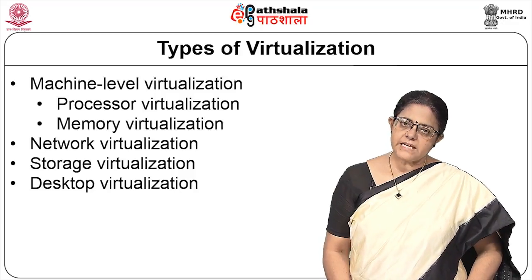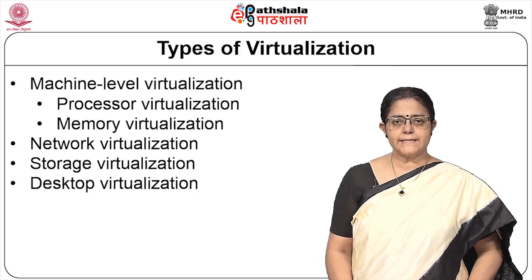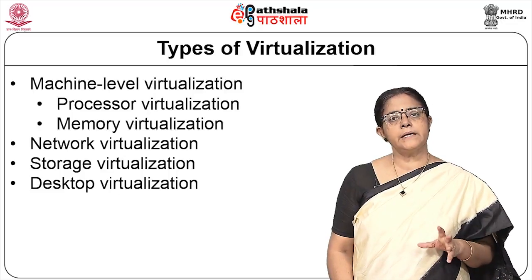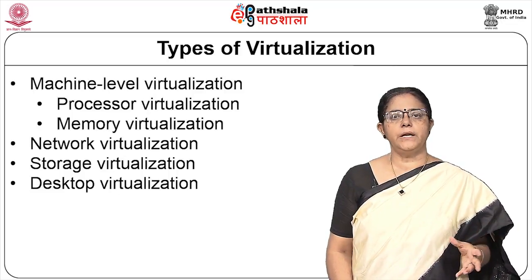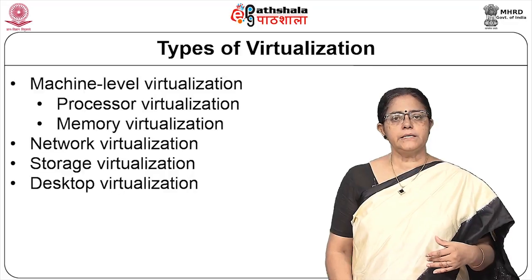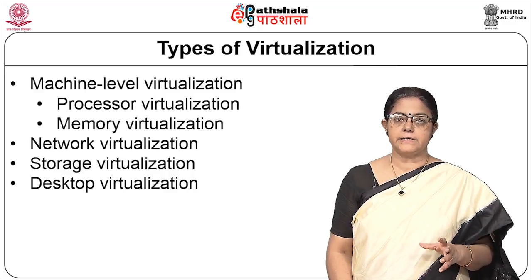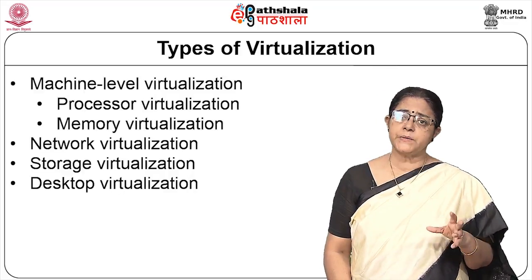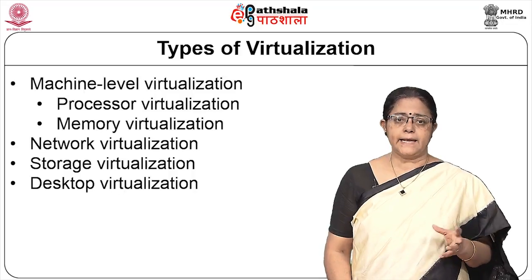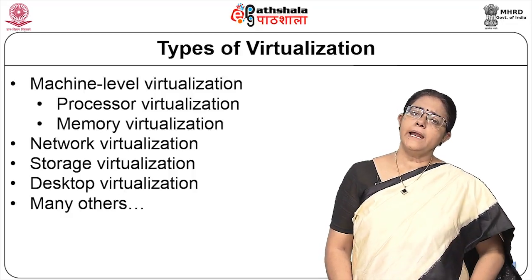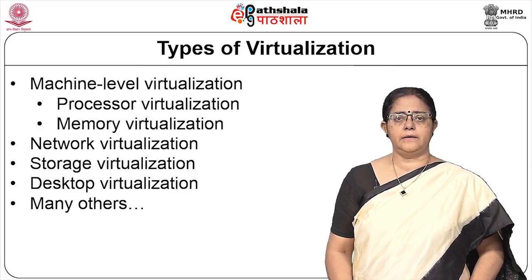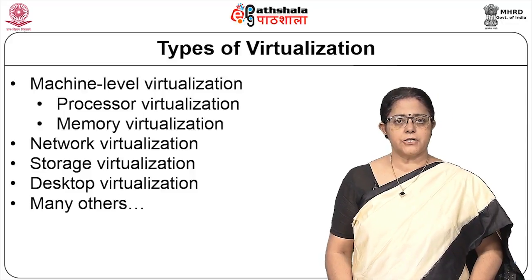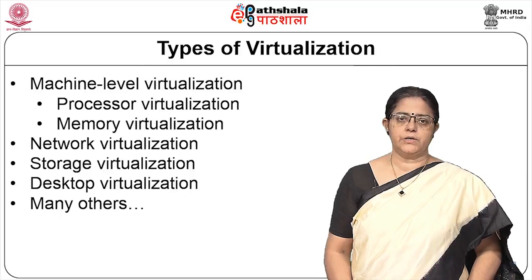There is a concept of desktop virtualization, where a desktop is an important component; it is not the physical monitor, but it is the user experience of the desktop that can be virtualized, and like this many other parts of the component, partially or fully, can be virtualized.